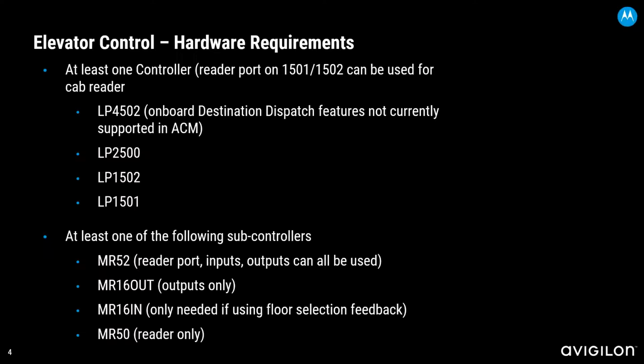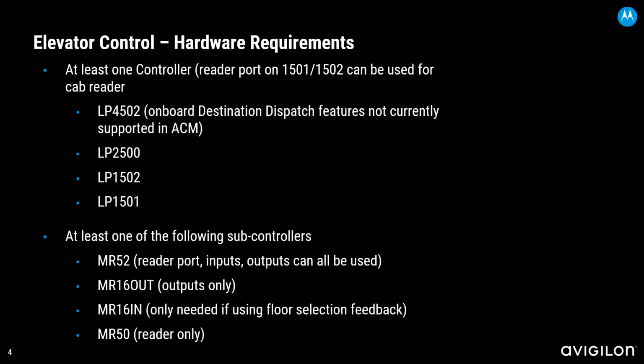And then once you have a controller, you need to have a subcontroller. Typically the subcontroller will control your outputs, possibly your inputs if you're doing it with feedback, and could also serve as your reader port. So I'll list different options here.